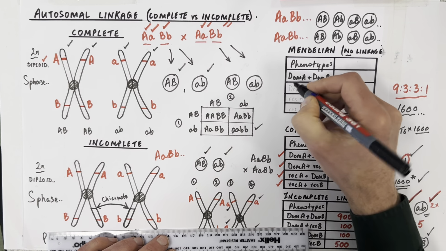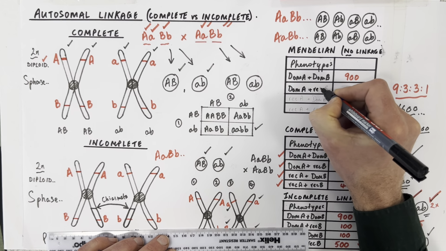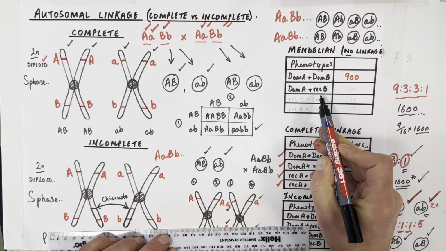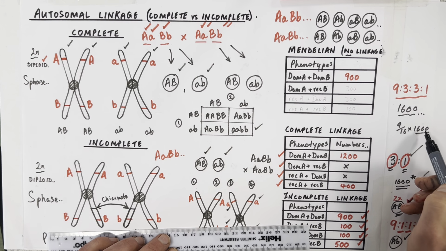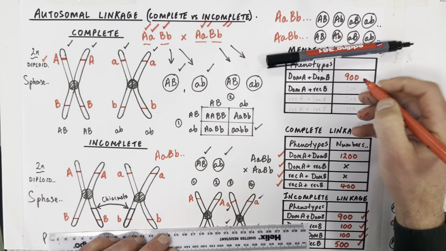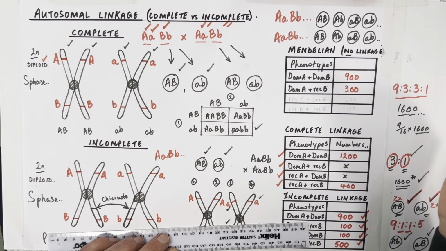The dominant A, recessive B, recombinant phenotype would be 3 of every 16. So that'd be 3 over 16 times 1,600, and that will give you 300. So hopefully you can see the classic 9 to 3 to 3 to 1 ratio.